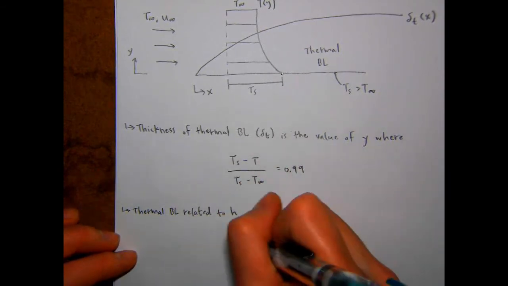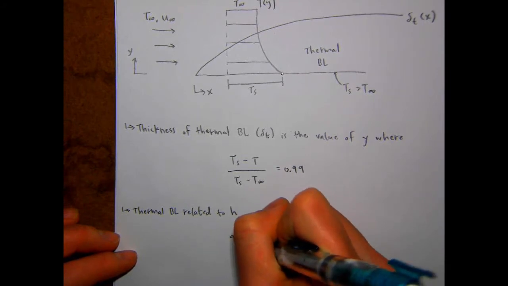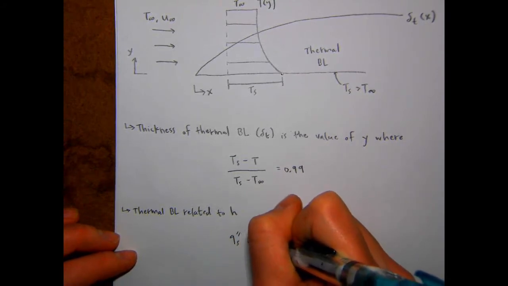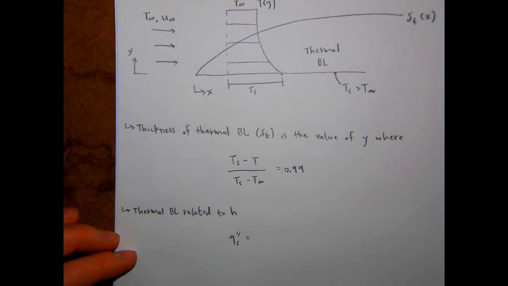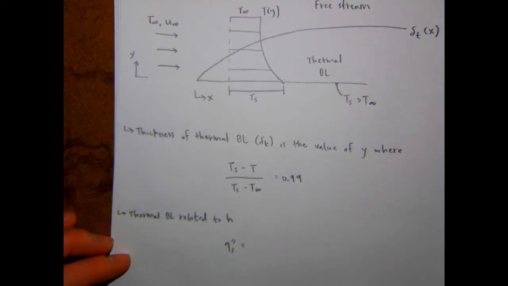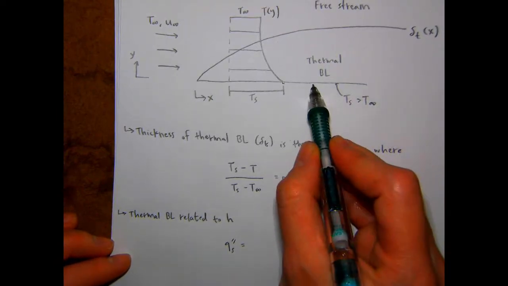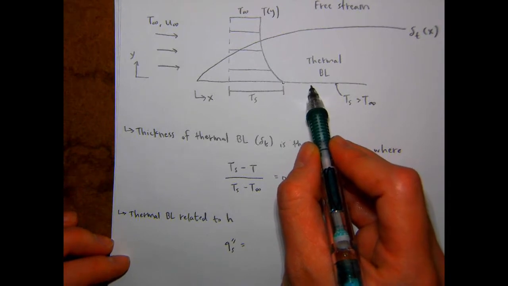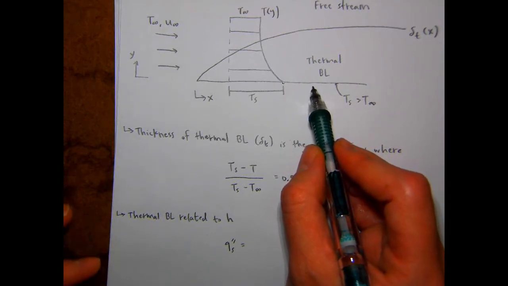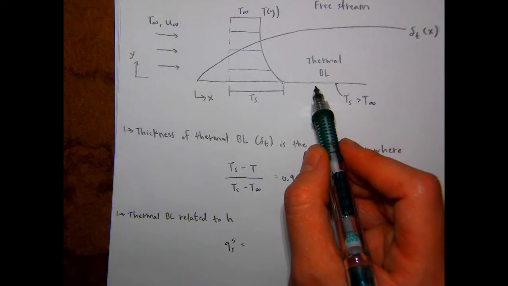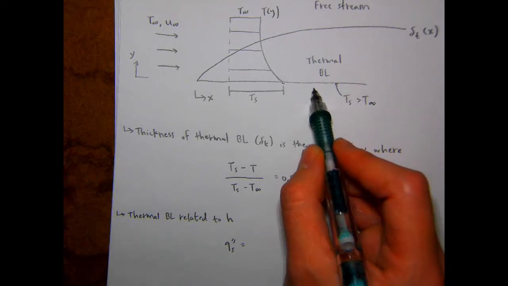So if we wanted to write an expression for the conduction at the surface, so we're restricting ourselves to y equals 0, where the fluid velocity is strictly 0, right? So we can actually apply Fourier's law and come up with an expression for the conduction just at the surface.